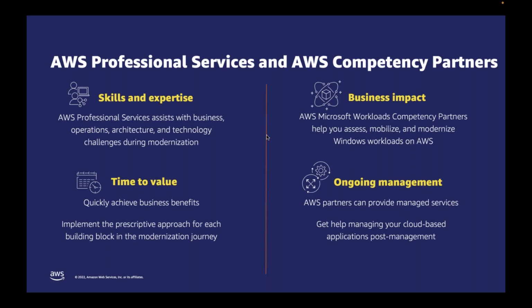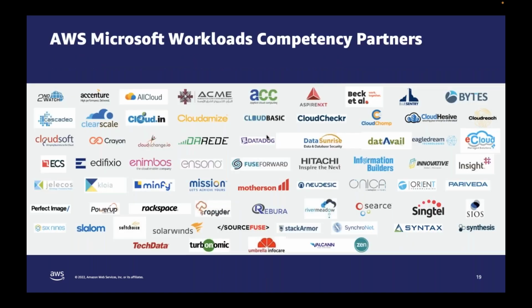In addition, partners help SMBs by addressing them in their native language and being geographically close. So who are some of the competency partners? These competency partners, you can reach out to them and find them on our APN network, that have successfully modernized their customers' Microsoft workloads and eliminated the Microsoft licensing costs.